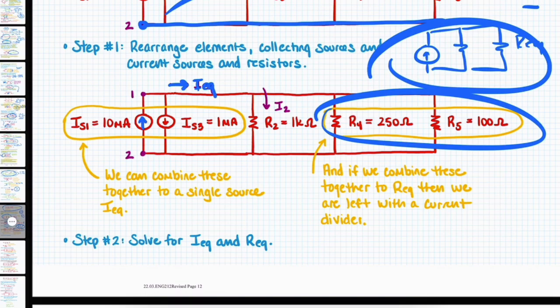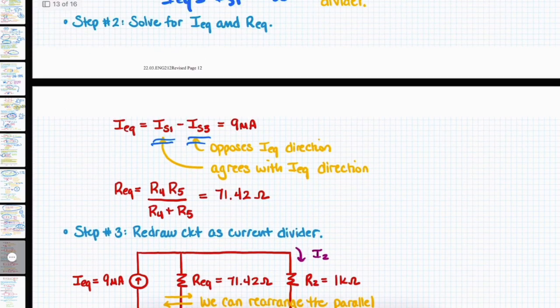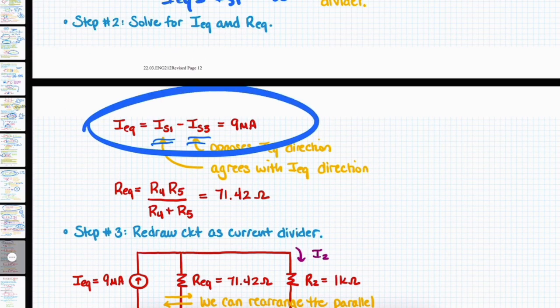The flow of IS1 matches it, IS3 opposes it. And that's the reason why I equivalent is equal to IS1 minus IS3. Again, it's really important. Signs of currents and voltages in this class can really mess you up. Okay. So we know that I equivalent is 9 milliamps.